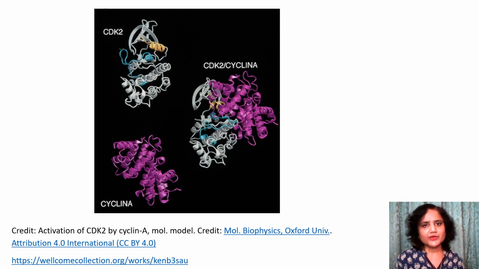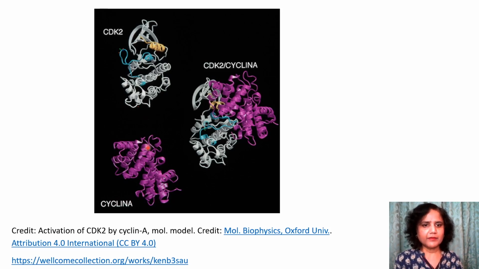So let's try to understand the mechanisms of CDK activation. In this slide are shown structures of CDK2 and cyclin A and the CDK2 cyclin A complex. So the activation of this CDK2 by cyclin A at the structural level is represented here.